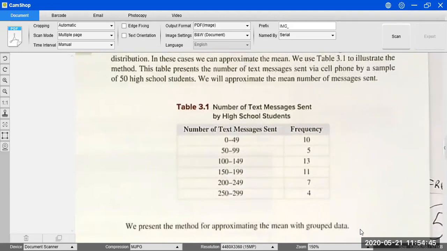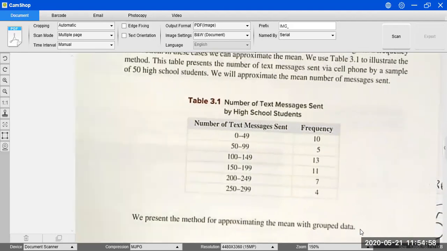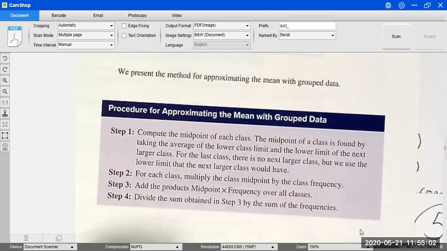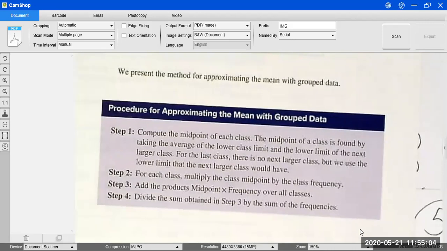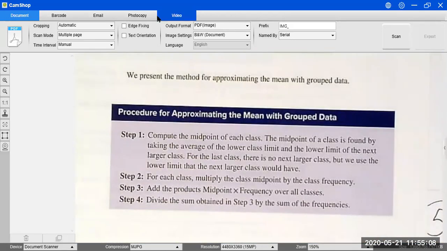This is the number of text messages sent by high school students. We have our classes here, there are 6 classes, and we have the frequencies. So I'm going to copy this to be able to work on this problem. Let me copy the table.